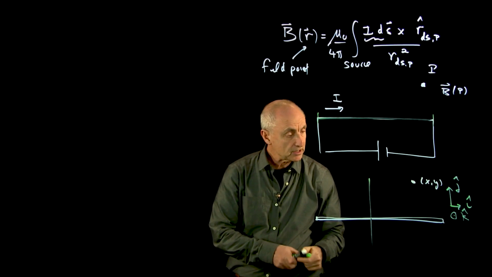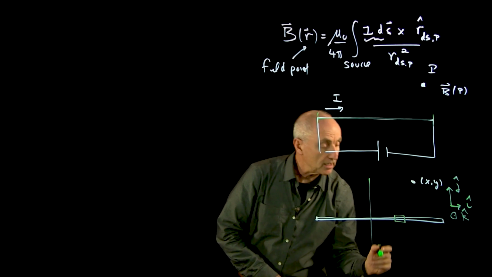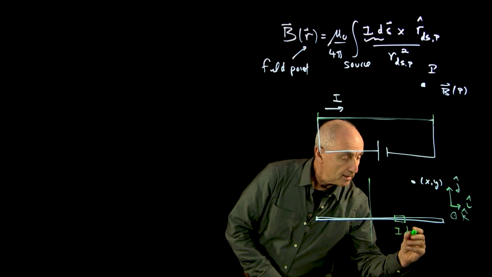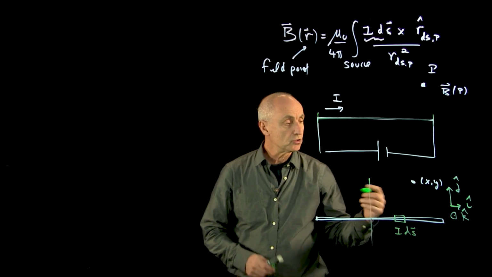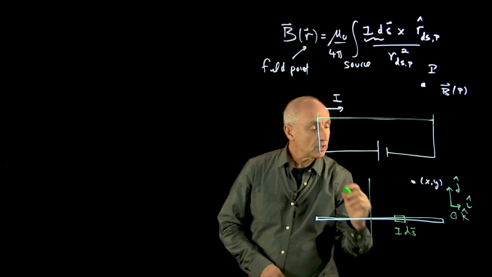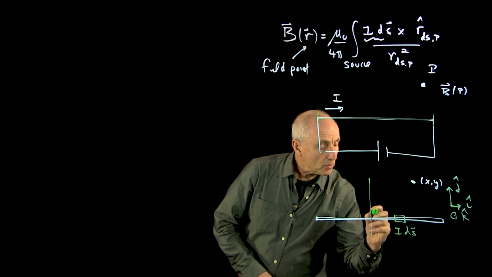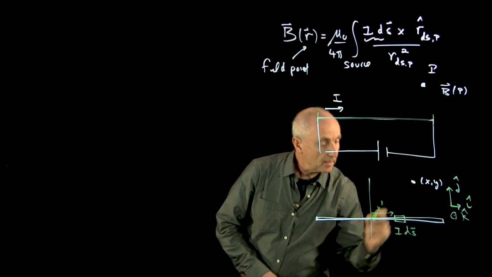And what I want to do is pick a source element in this wire here. I'll exaggerate its size. And this is my I ds. And now the crucial thing is to choose, in this coordinate system, an integration variable. So I'm going to call this my x prime.